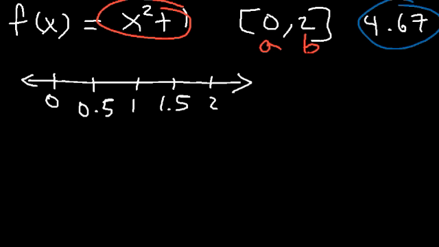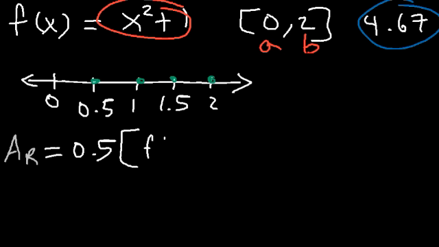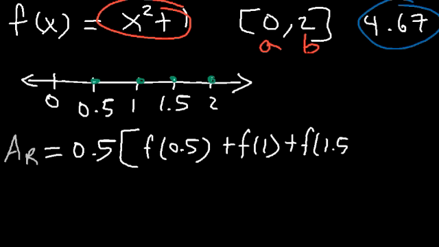So using the right endpoint, we're going to choose 0.5, 1, 1.5, and 2. So area, using the right endpoints, is going to be delta x, which is 0.5, times f of 0.5, plus f of 1, plus f of 1.5, plus f of 2.